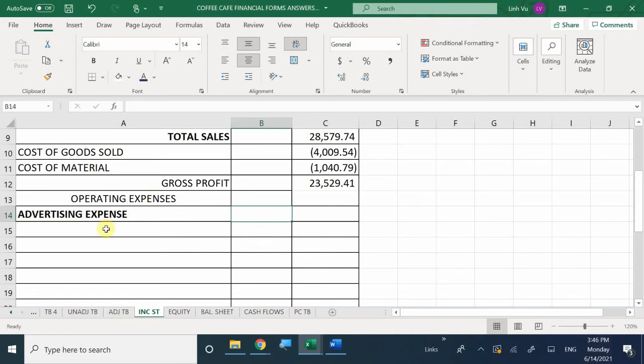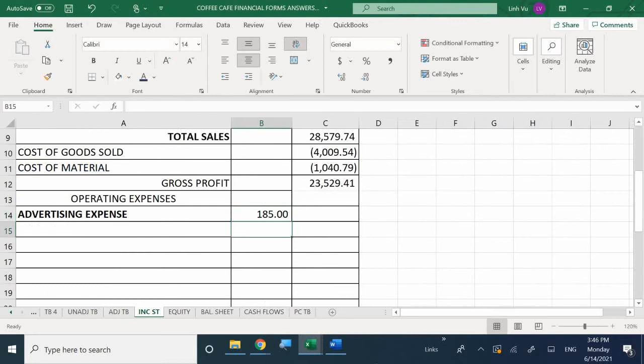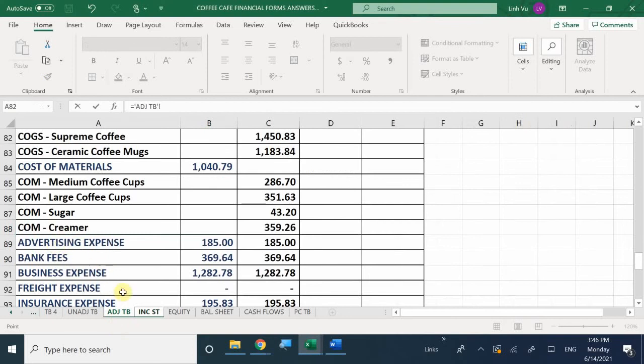I'm going to go ahead and say my advertising expense. What was the amount there? 185, right? That was my very first one here. What's my next expense that I had to deal with?